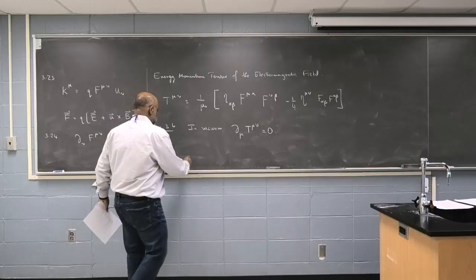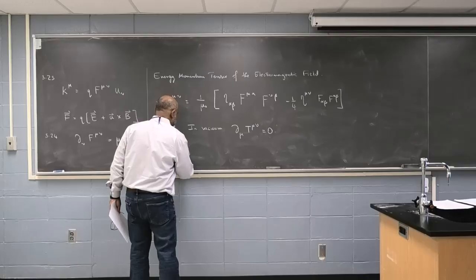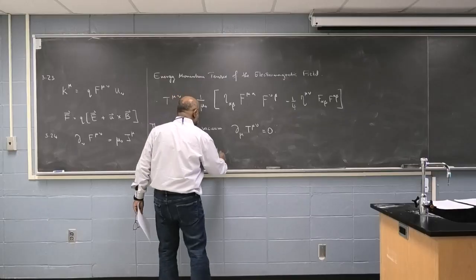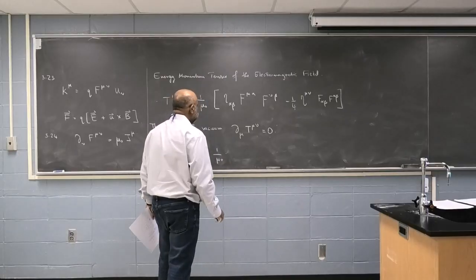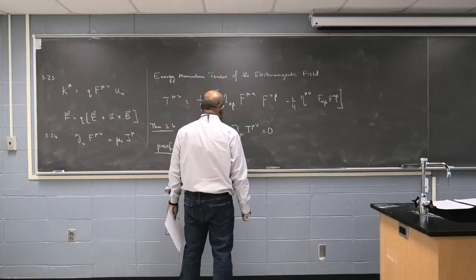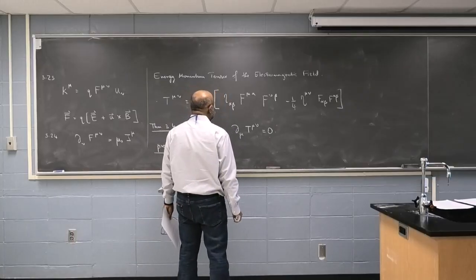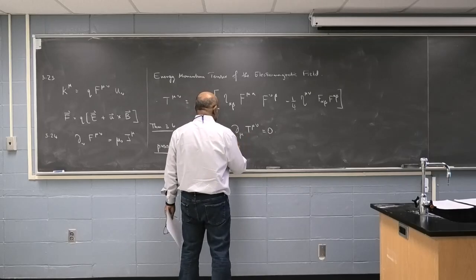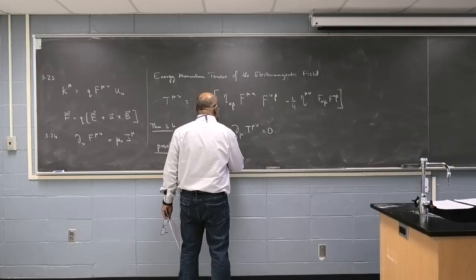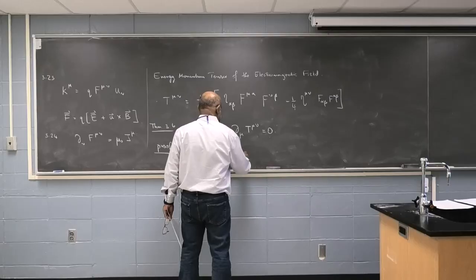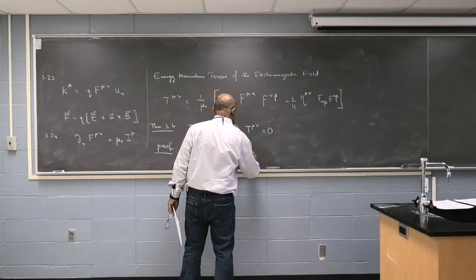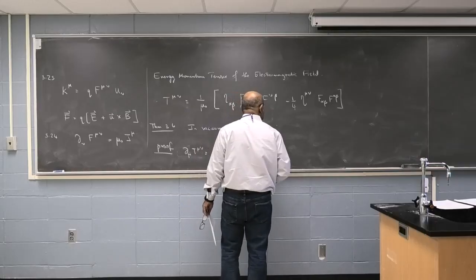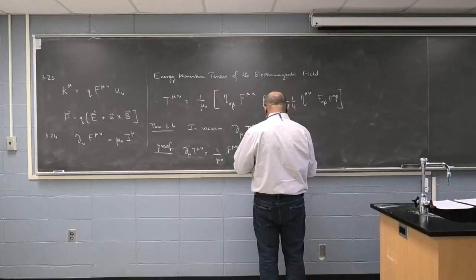So what do I do? Well, d mu T mu nu equals 1 over mu 0. Tell me why I did this. Okay, I'm going to skip not the whole step that I planned on doing, but rather let me write down the other one.